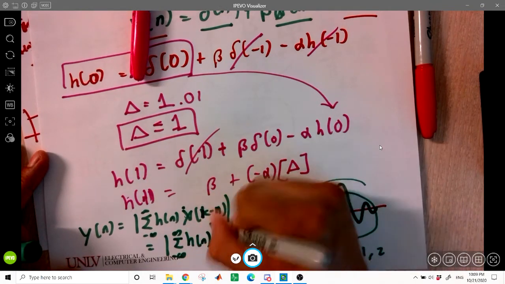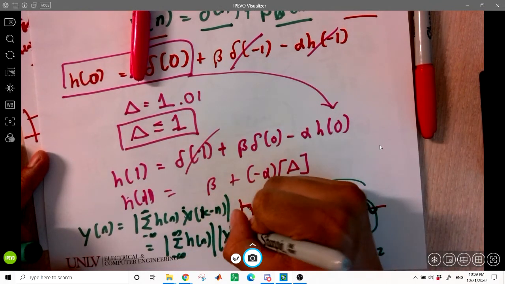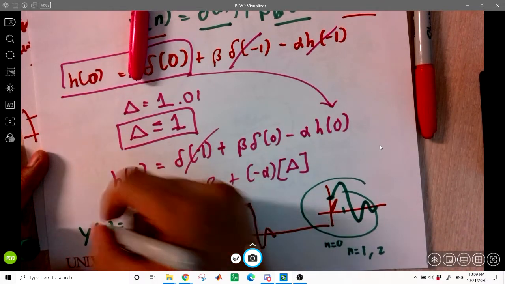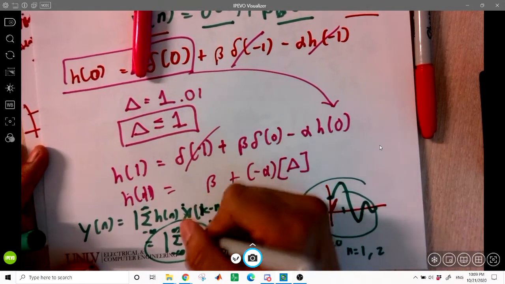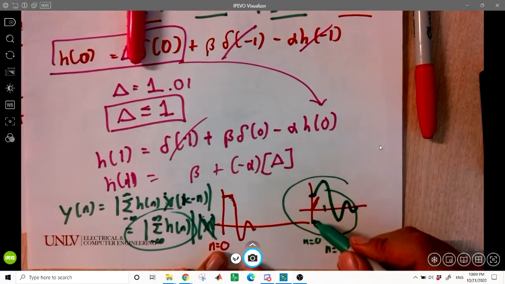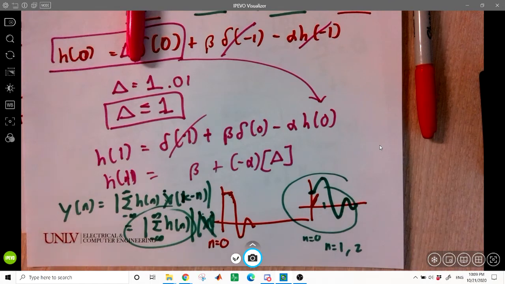The point is this x is 1, so all you're doing is looking at this. You have to make sure this stays less than your input, which is 1. So that's how you would be able to do computer assignment number 4, the second problem.